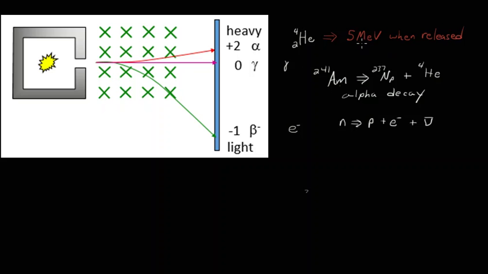Okay, so that's joules of energy. That's a lot of energy that it's coming out with. And take that into consideration when you realize it only takes 10 electron volts to dislodge an electron from its orbital.